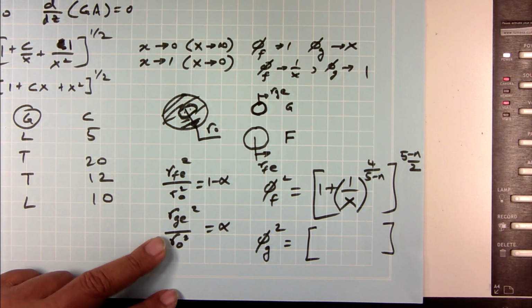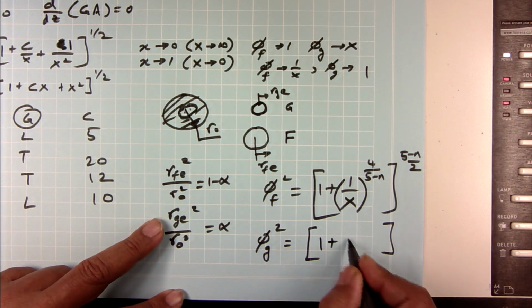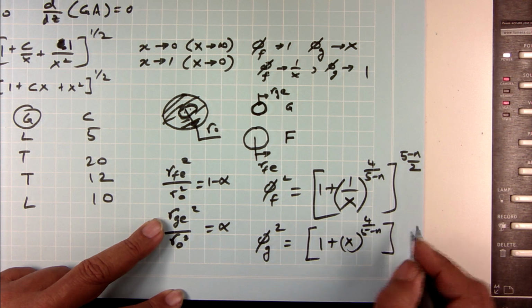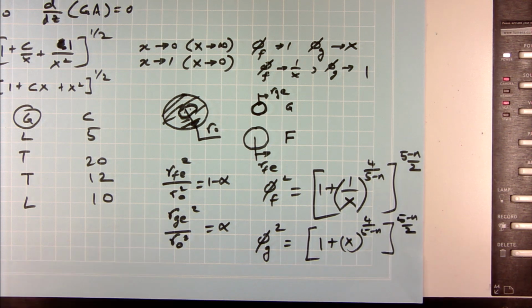Okay. And then 1 plus x times 4 divided by 5 minus n times 5 minus n by 2. Okay. So, what do I mean by n?